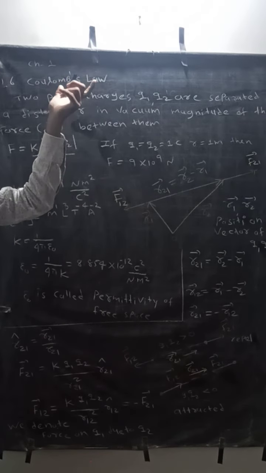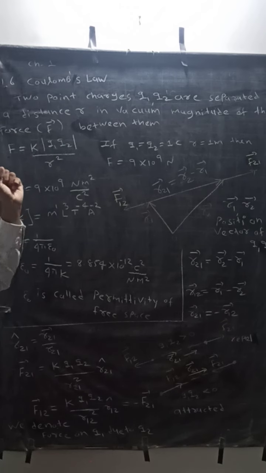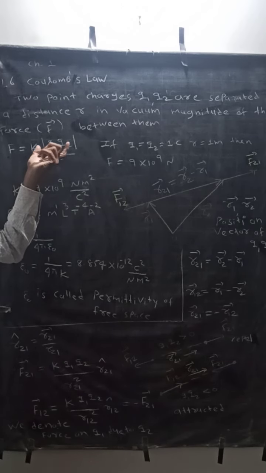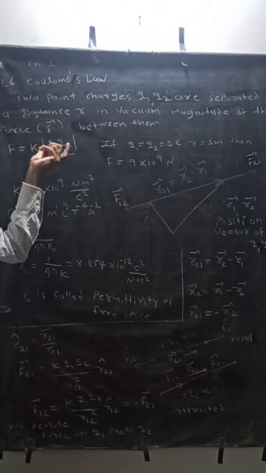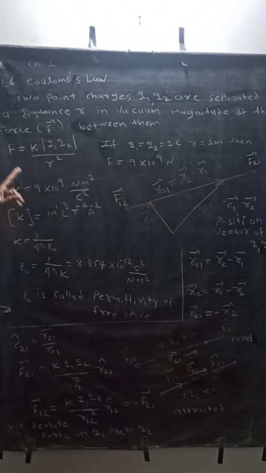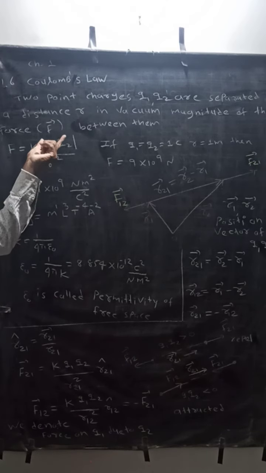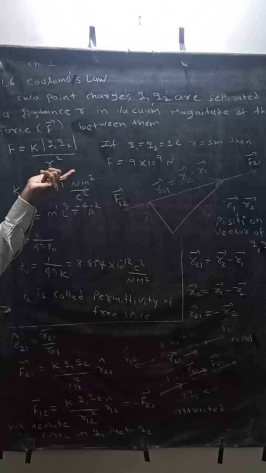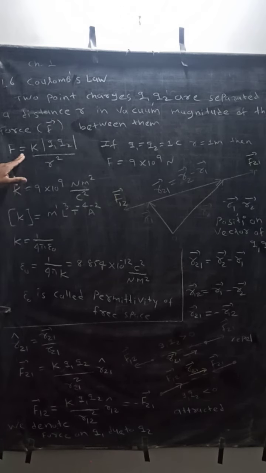Coulomb's law gives the magnitude of force. The magnitude of force is directly proportional to the magnitude of Q1 Q2 and inversely proportional to the square of the distance. So F proportional to the magnitude of Q1 Q2 by R square, equal to K.